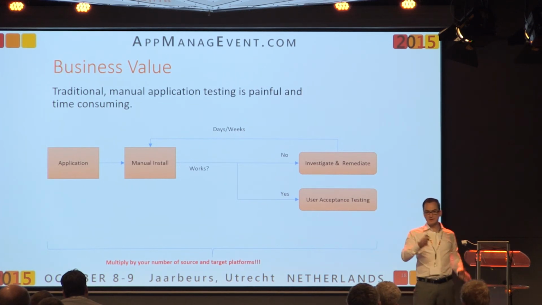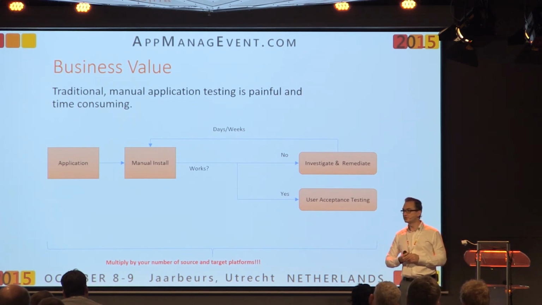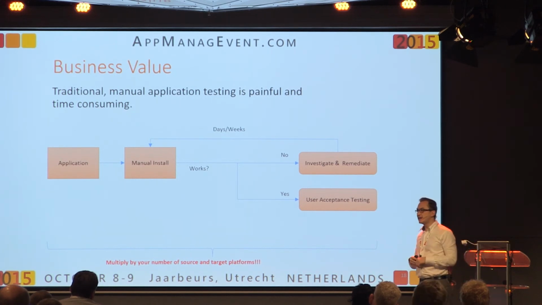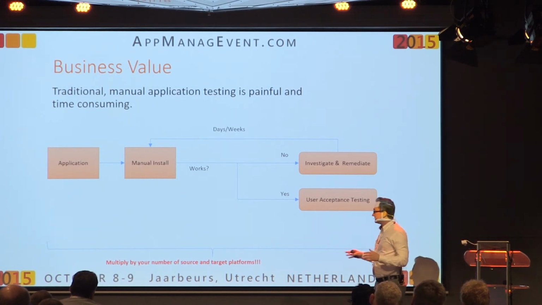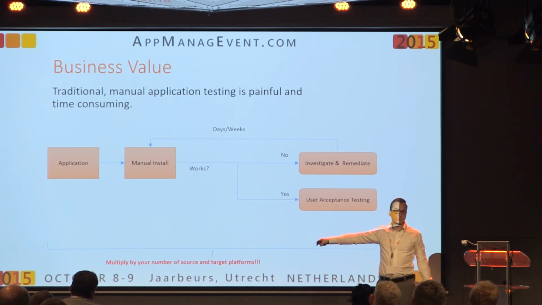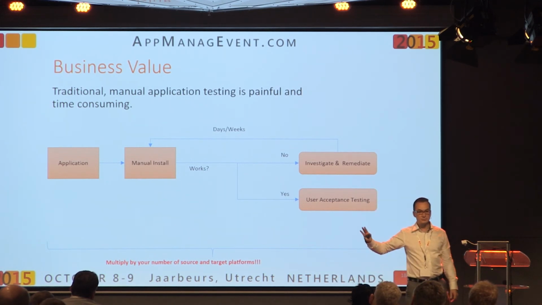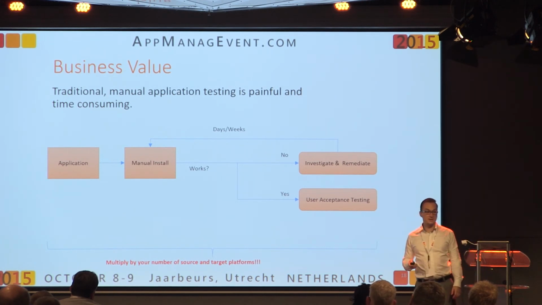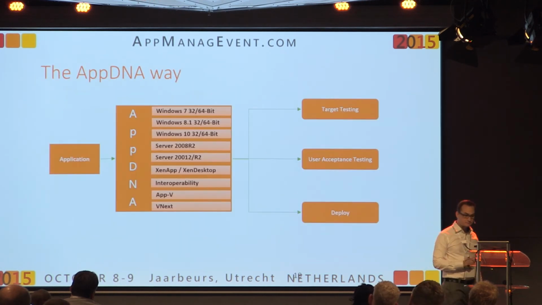But very often when people do these big forklift projects, they start throwing other things in. We want to move to 64-bit, we want some AppV, we'd like to look at XenApp as well, and that just starts multiplying the number of platforms and the number of tests that you need to do, and it soon becomes pretty much unmanageable in a manual way.